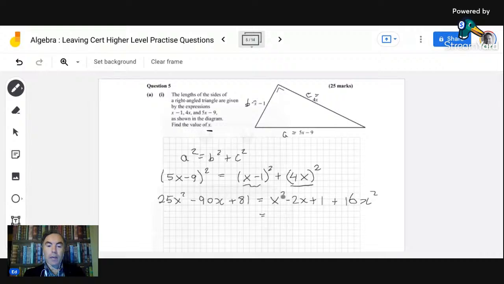So if we bring over the x squared and the 16x squared, we're bringing over a total of minus 17x squared. So that will give 25 minus 17, which will give 8x squared. Okay, so just do that in your head real quick. And then minus 90, and then minus 2. Bring it over, change the sign, so it'll be negative 88.